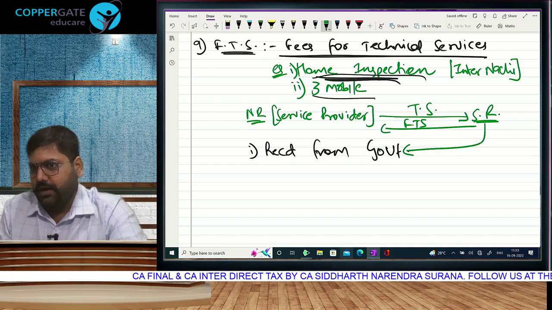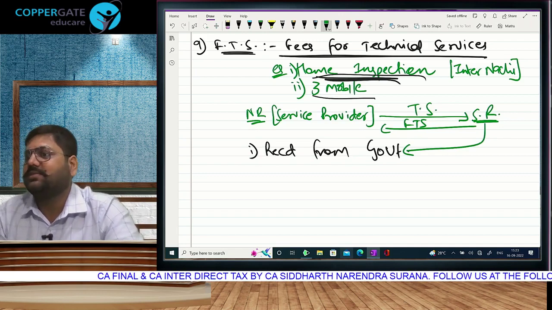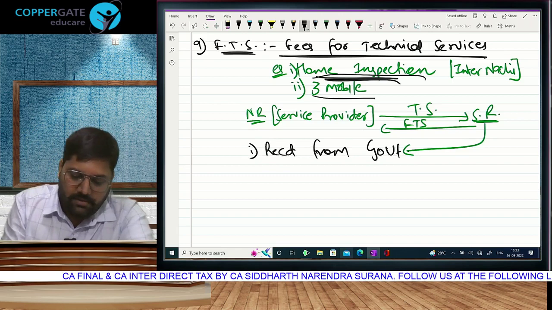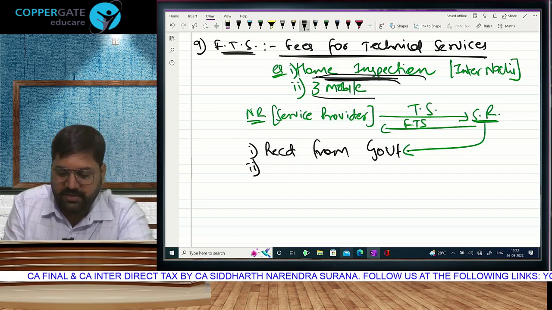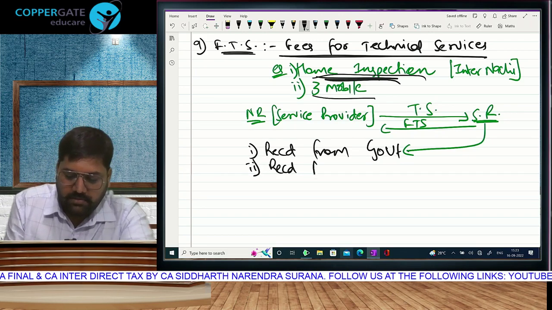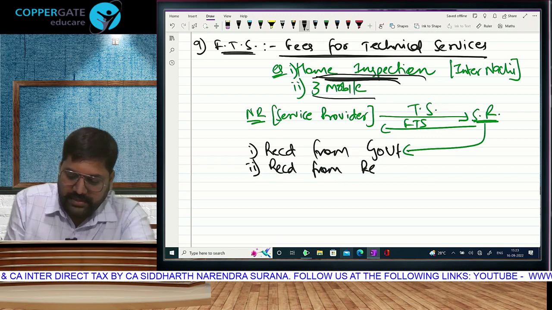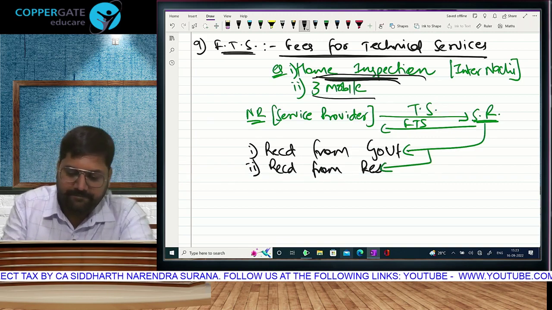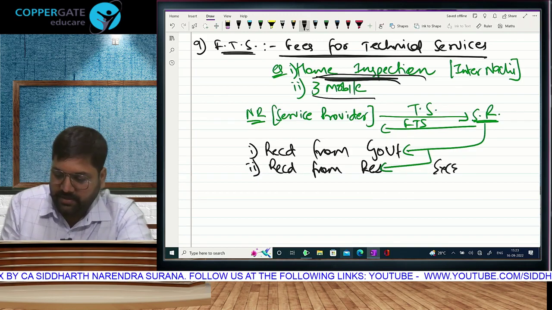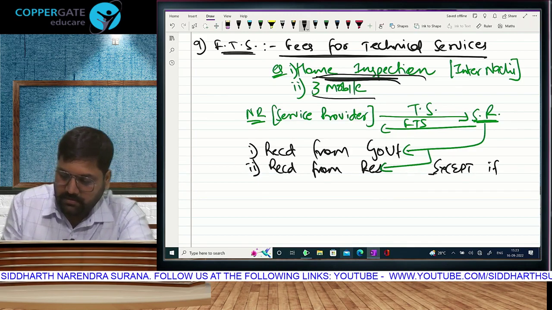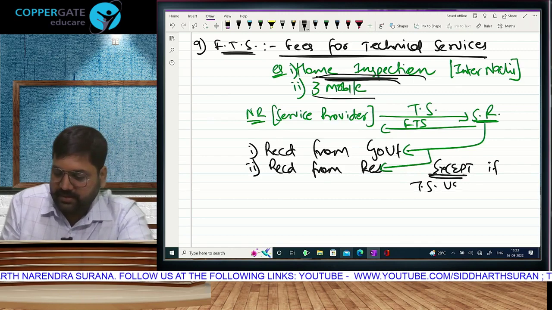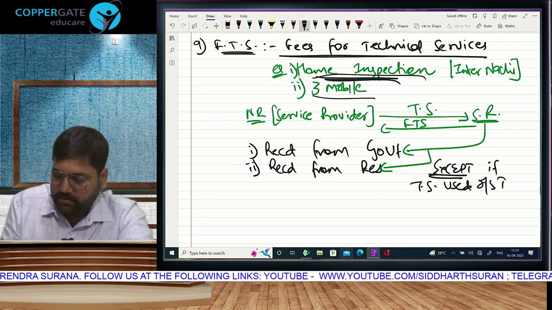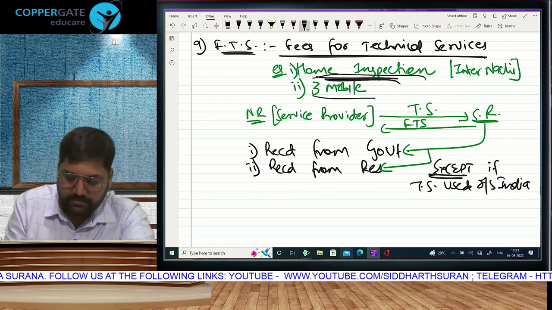It is assumed that the services must be utilized in India. Received from resident. That means this resident is... Except if technical services are used outside India. Very good.